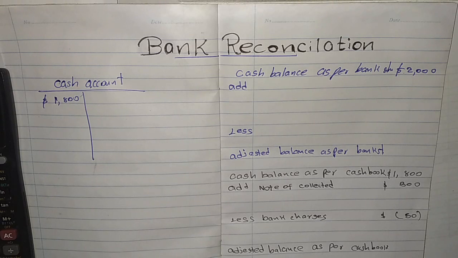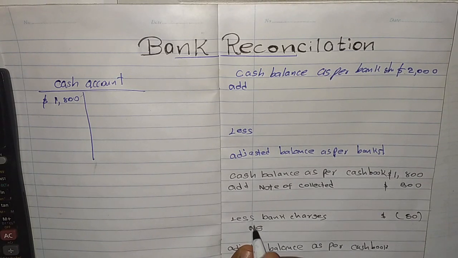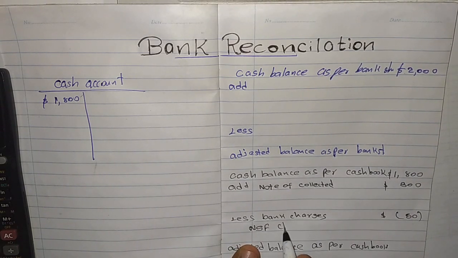The other thing that was on the bank statement that we look at was a check one of our customers wrote us that bounced. The bank reduced our account for that bounced check. This is called an NSF check.